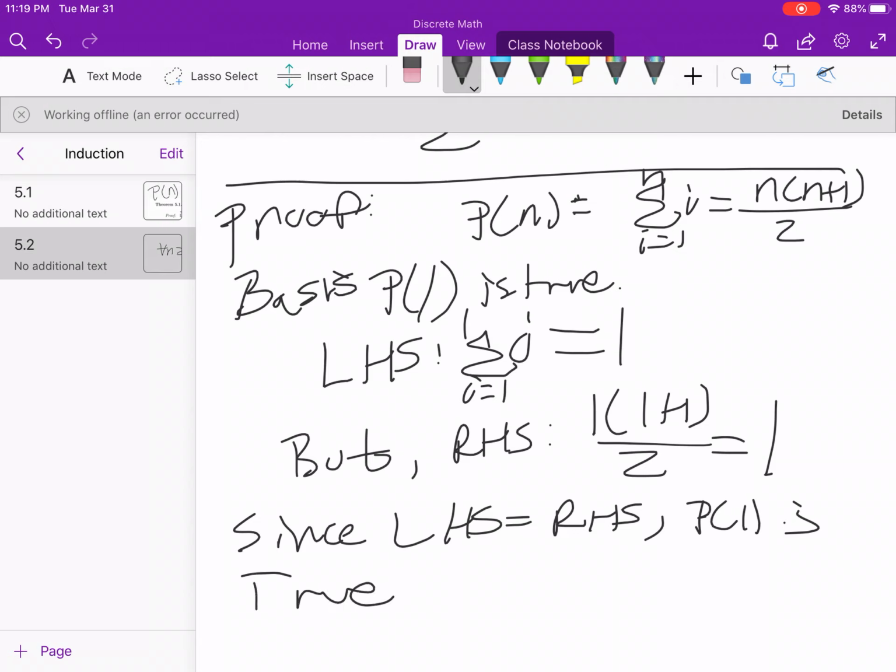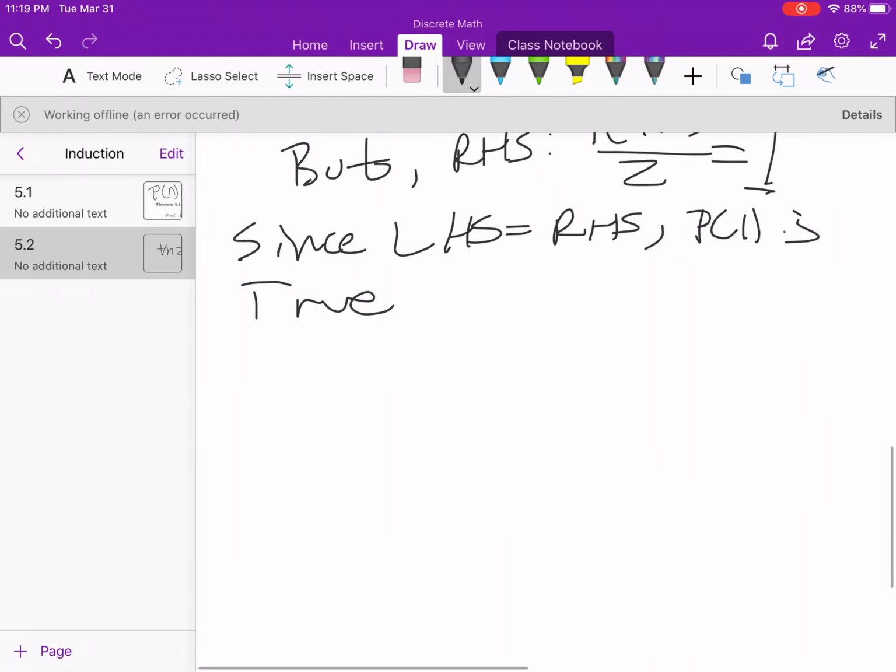So we always show the basis. Now, I kind of like to do this with the left-hand side, right-hand side stuff. The thing I'll tell you you cannot do, I will say do not.